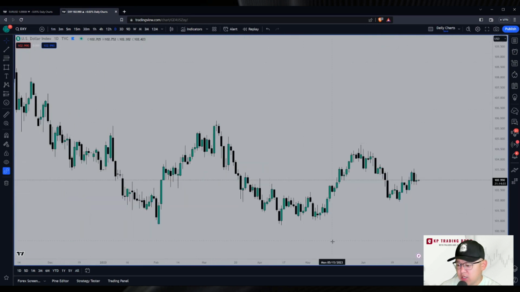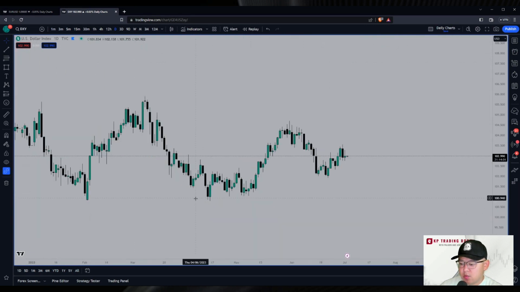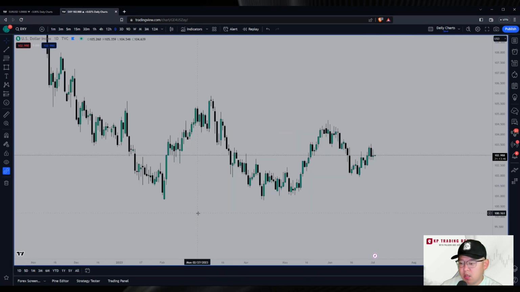Let's see if we can find an intermediate-term low. We have this low, lower low, higher low. So this creates our intermediate-term low. Really, it's all dependent on the amount of time it takes to form that specific high or low. Now, what makes it a long-term high or low? It's the more time spent between them.